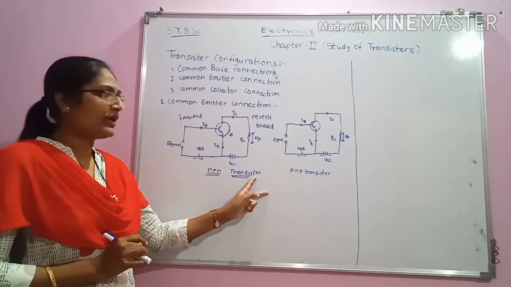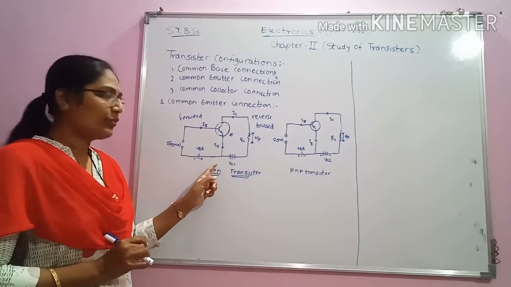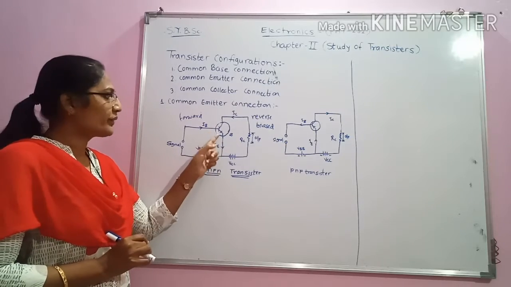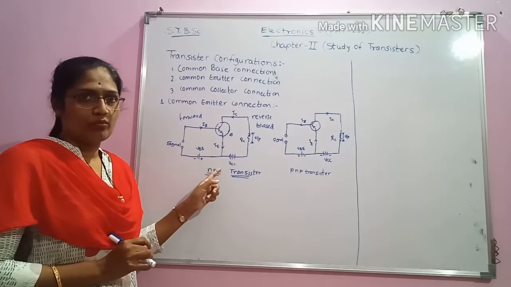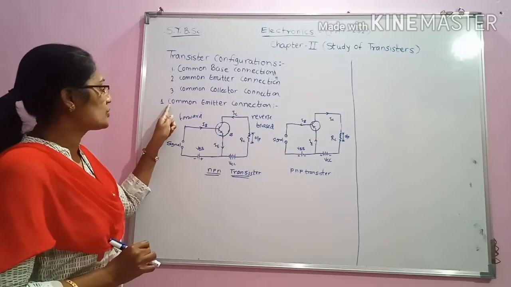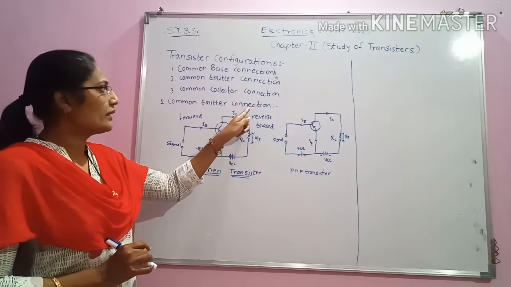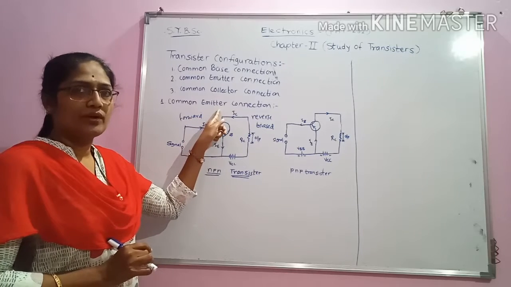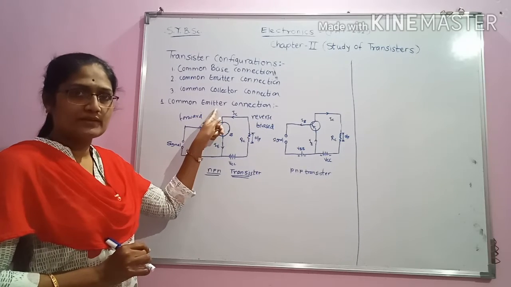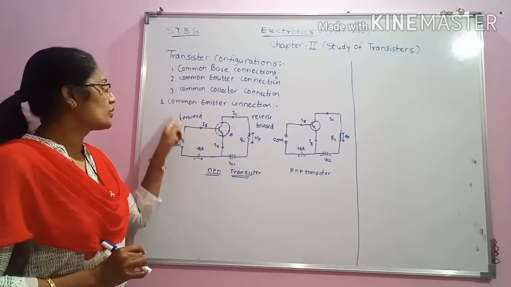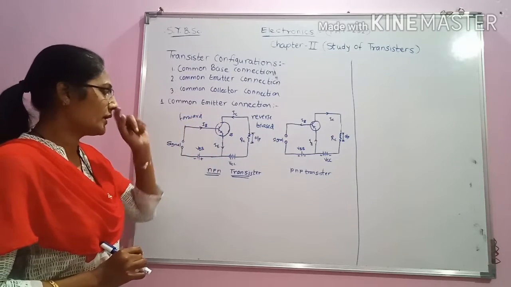And in order to make this arrangement, we have to make one of its terminals common. And in case of common emitter connection, that terminal is emitter, which we are going to make common, and hence it is called common emitter connection.